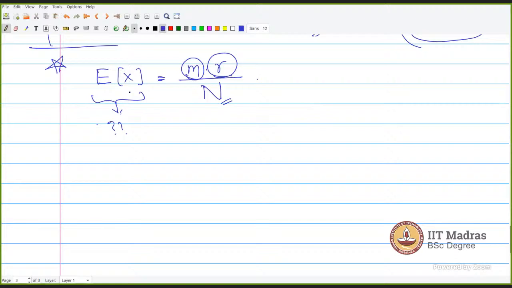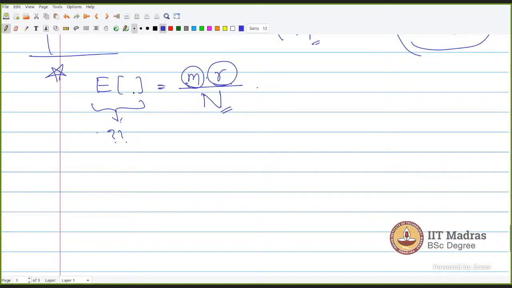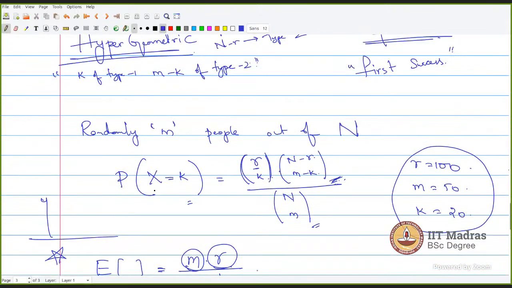What does the sample mean tell me? What is this x actually, or what are we trying to find? What is the random variable which follows hypergeometric here? This thing taking value k.